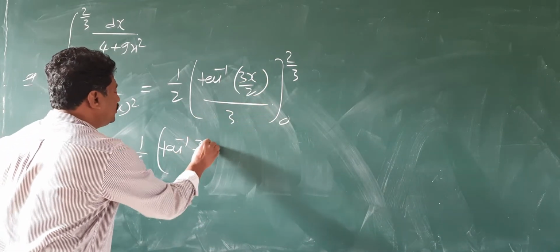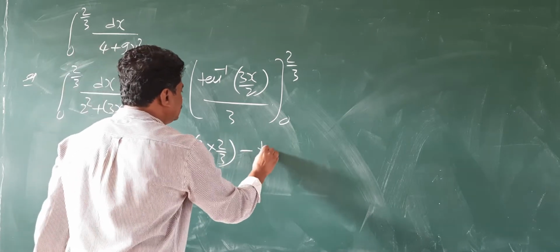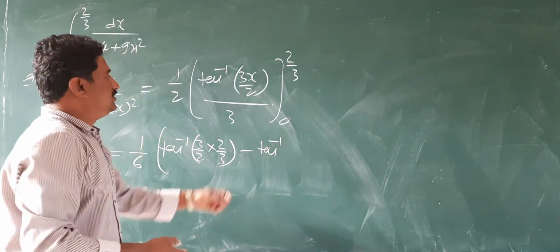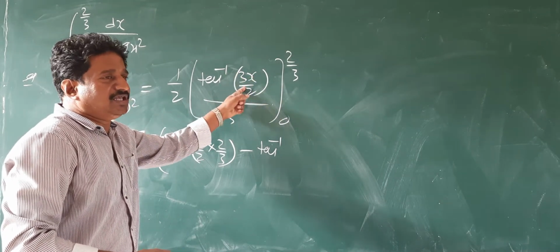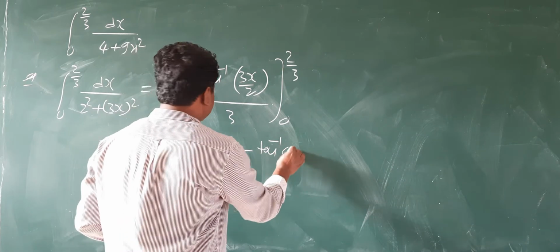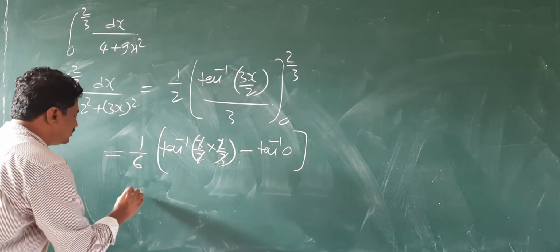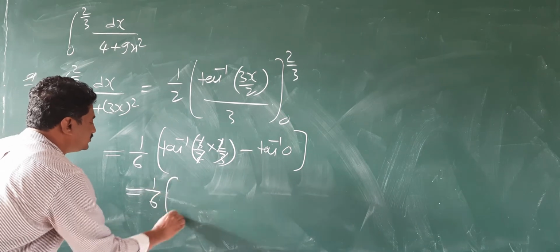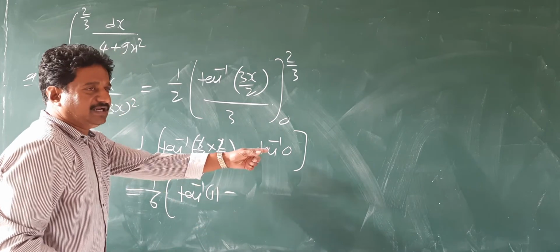So 3 by 2 into 2 by 3, minus tan inverse with x as 0. 0 into anything is 0. 3 3 gets cancelled, 2 2 gets cancelled. 1 by 6, so tan inverse 1 minus tan inverse 0.